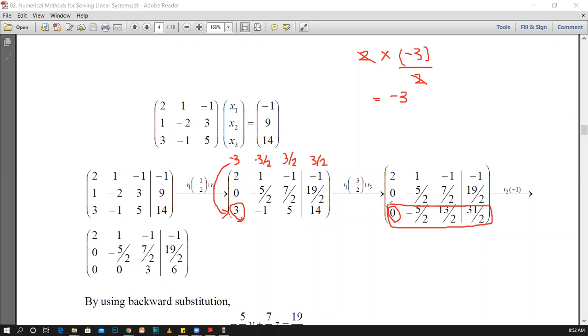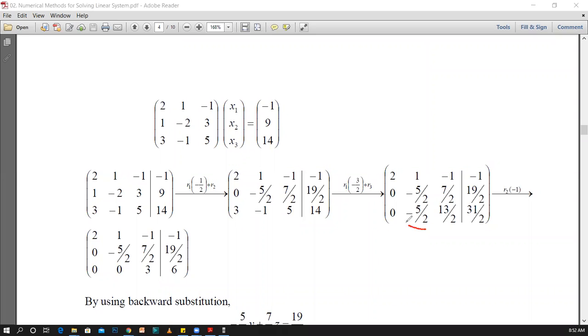Now what you have to pay your attention to is this point. Now you have to make this point 0, because all the other required points have been made 0. Therefore, the only place that we have to make 0 is this point.